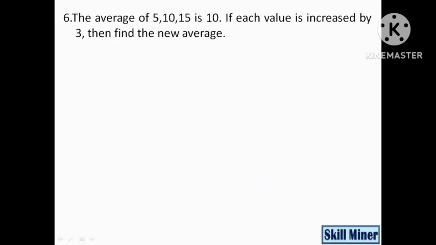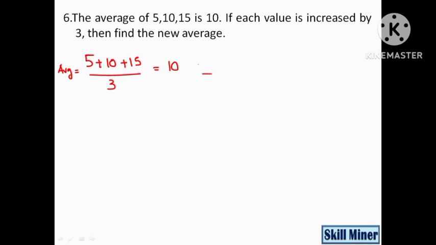The average of 5, 10 and 15 is 10. Okay, if each value is increased by 3, then find the new average. Which means 5 plus 10 plus 15 divided by 3 will give me the average as 10.